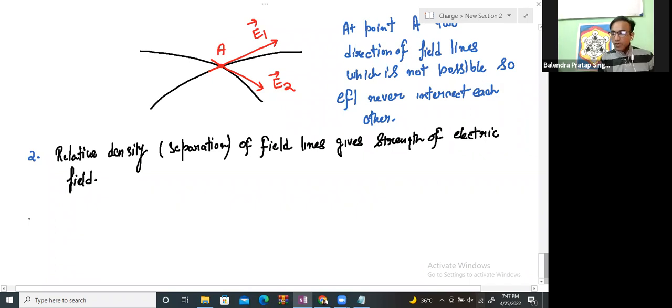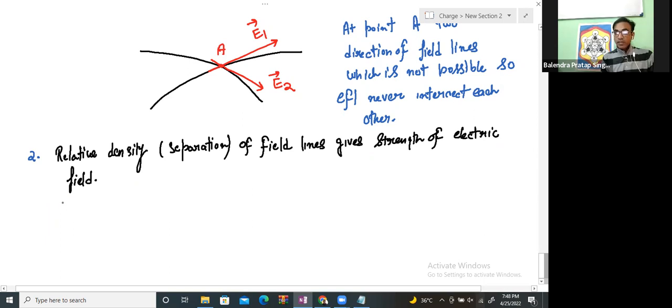Actually, in the region of a strong field, the field lines are very close to each other. In the region of weak field, the electric field lines are comparatively far apart.